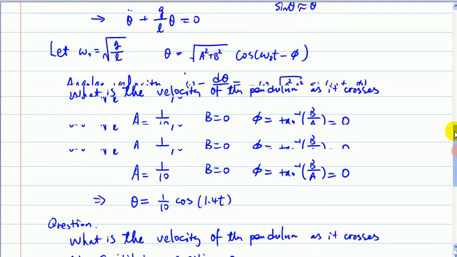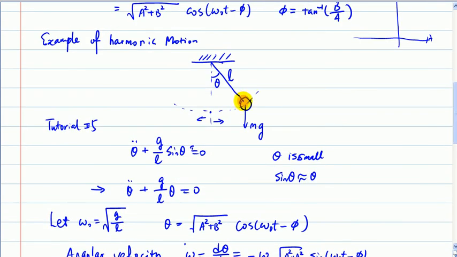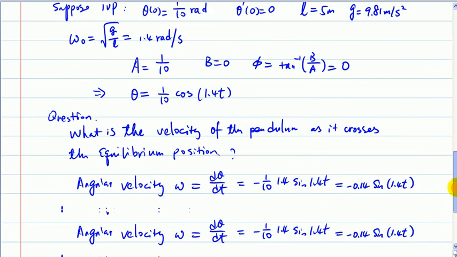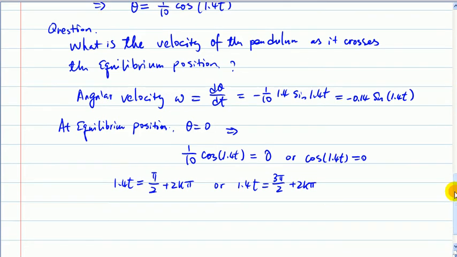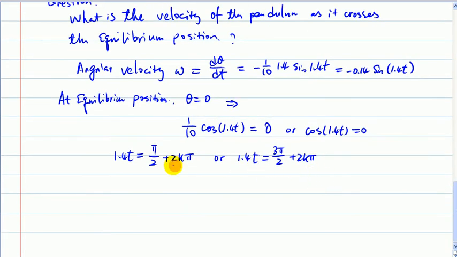It's basically a swing there and then back: when it goes there, it's pi over 2, and when it comes back, it's 3 pi over 2. Similarly, you also need plus 2k pi. So those are the two possible solutions for t.